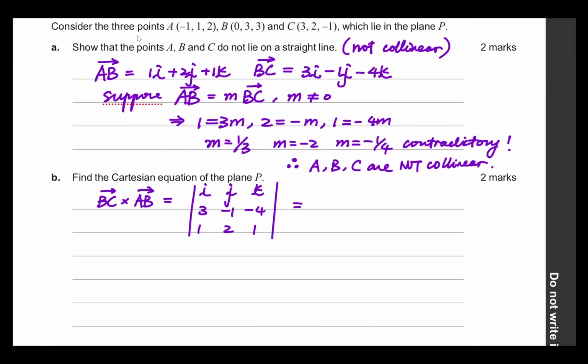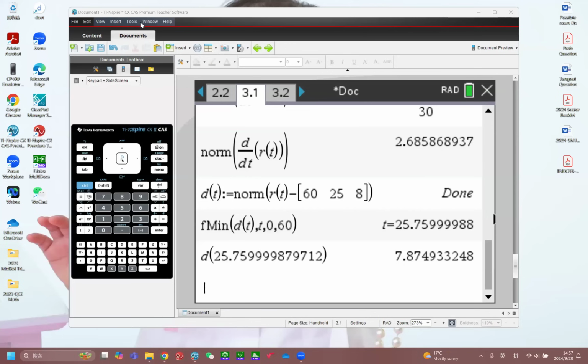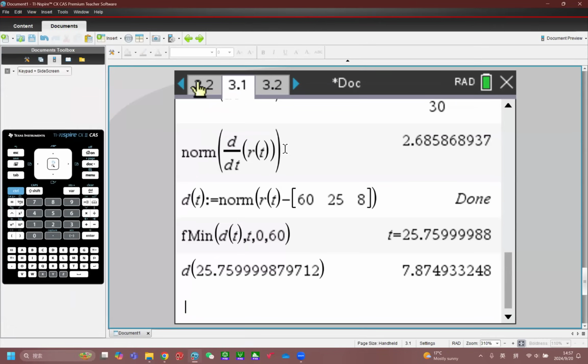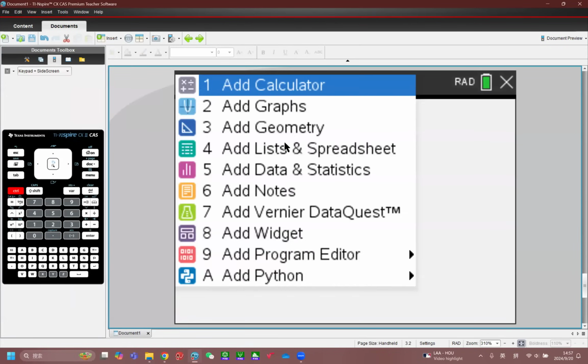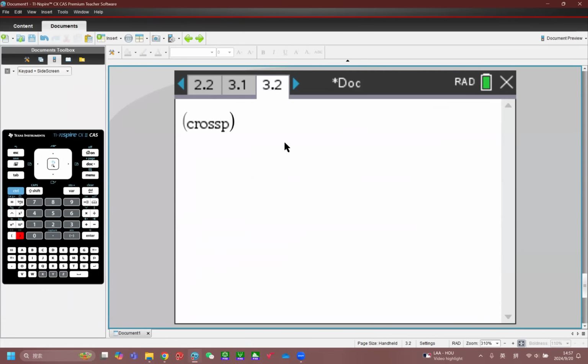For example, you might want to do cross product. 3, minus 1, minus 4, 1, 2, 1. 7, minus 7, 7. Okay? And then you're choosing a point. You may just get a 1, negative 1, 1 to make your life easier.